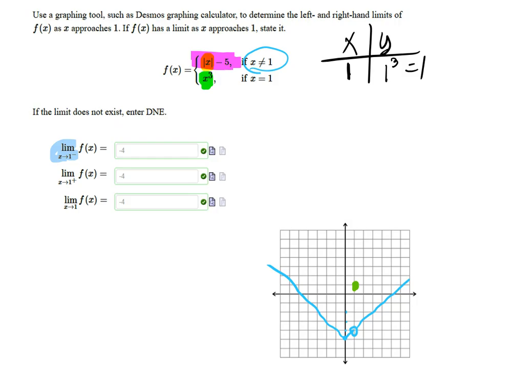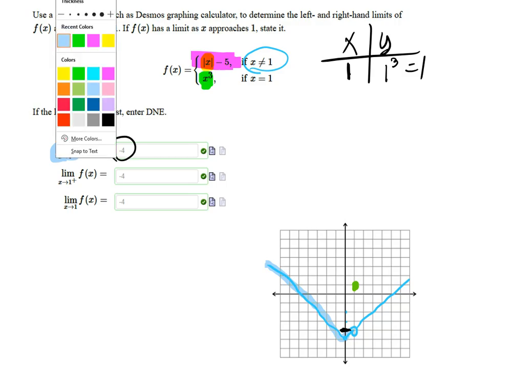Now, they're asking me to find the limit as x approaches 1 from the left. As you're approaching it from the left, you're going down, and then you come back up, getting closer and closer to that open circle. That open circle has a y coordinate of negative 4.